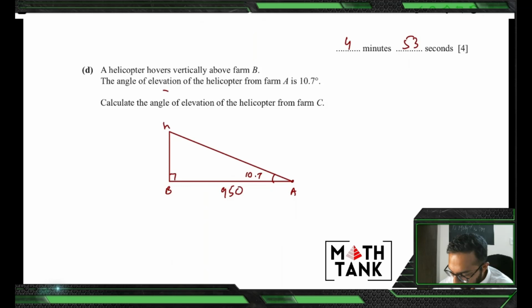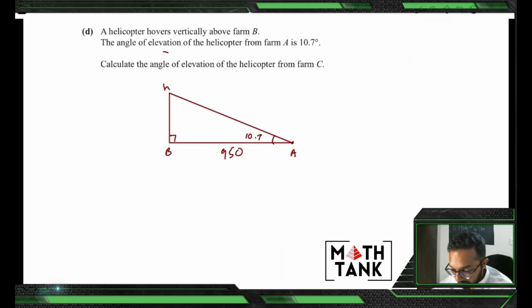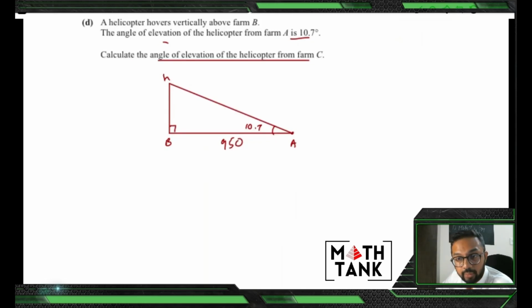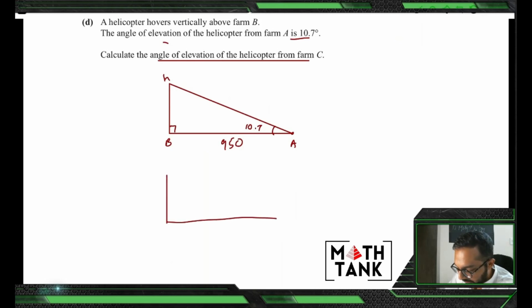So that's 950 meters. Now this question says that you know the angle of elevation, but what do you want to find? You want to calculate the angle of elevation of the helicopter from form C. So you already have this angle of elevation. What you want is that the same helicopter is now being viewed from form C. Do you think B and C are connected?